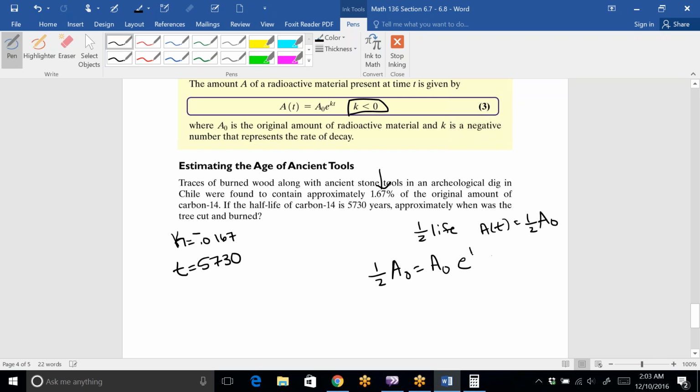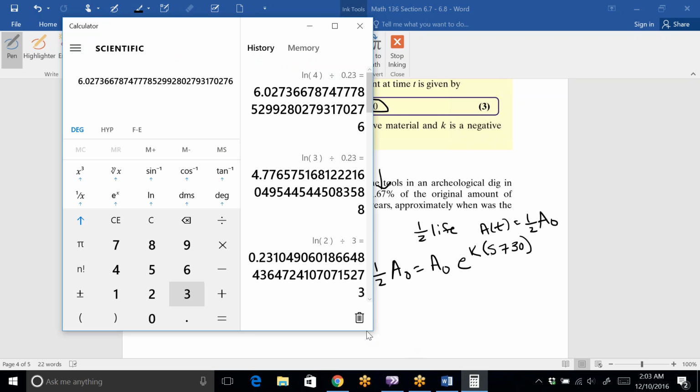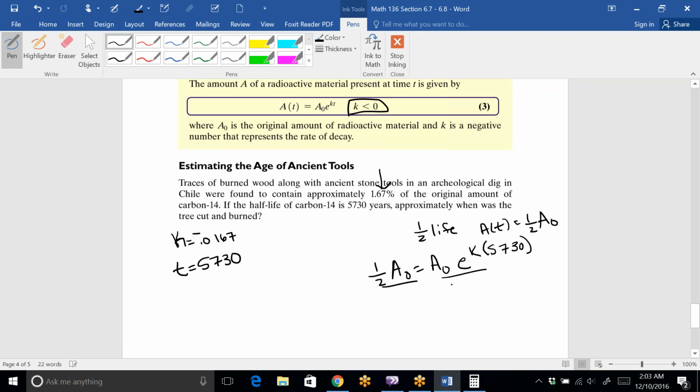We're going to leave that alone right now, and let's actually see if it works out to be this guy right here. And the half-life happened at 5,730 years. So the A sub 0s are going to cancel out when you divide. This is 1/2 equals e to the 5,730k.